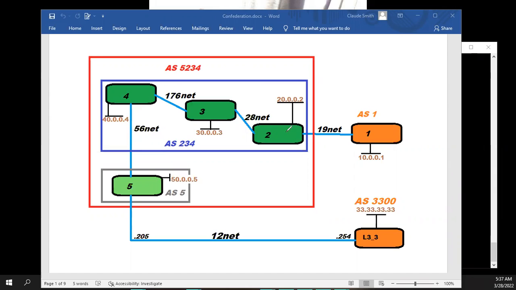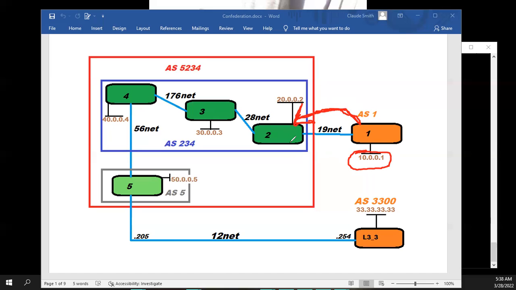All right, so what happens is, in the IBGP world, router number 2 receives an update from router number 1. Okay, business as usual, no problem. Router number 1 says, hey, router number 2, I want to advertise my network of 10.0.0.1.